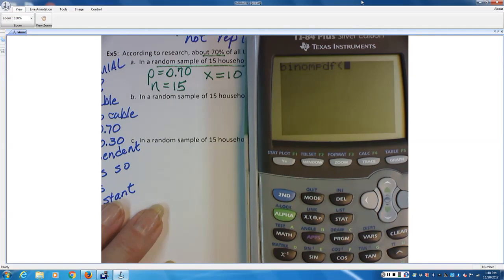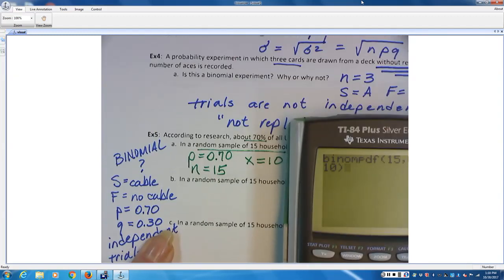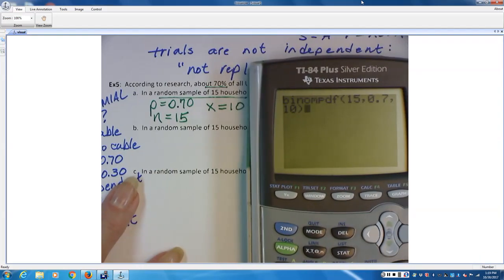And then we put in the value of N, the value of P, and the value of X. Close parentheses, and hit enter.